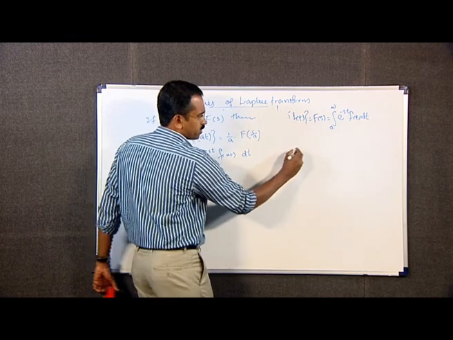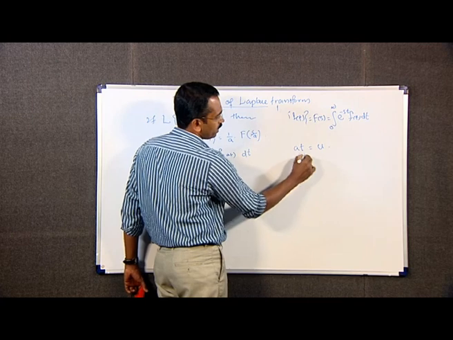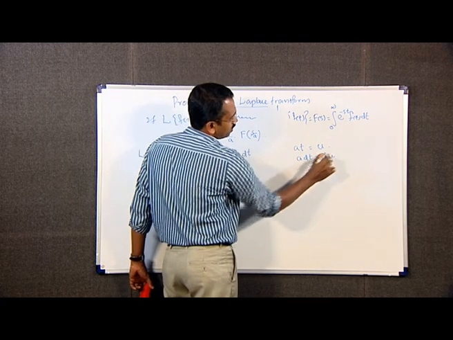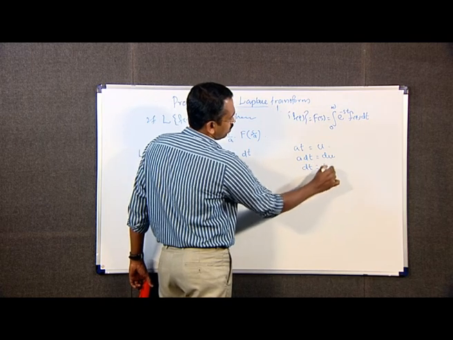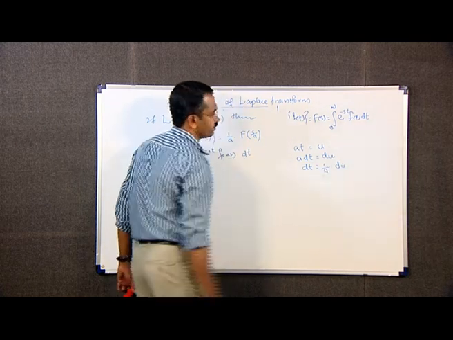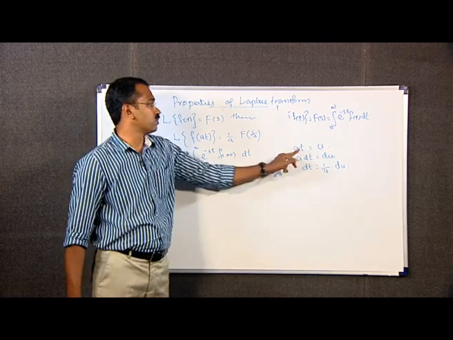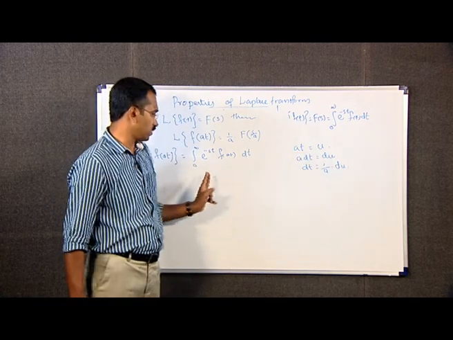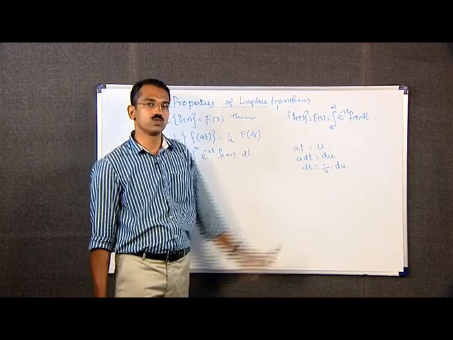We use the substitution a t is equal to some u, so that a into dt is equal to du and dt is equal to 1 by a into du. When t equal to 0, u equal to 0, a into 0 means 0. As t tends to infinity, u also tends to infinity.